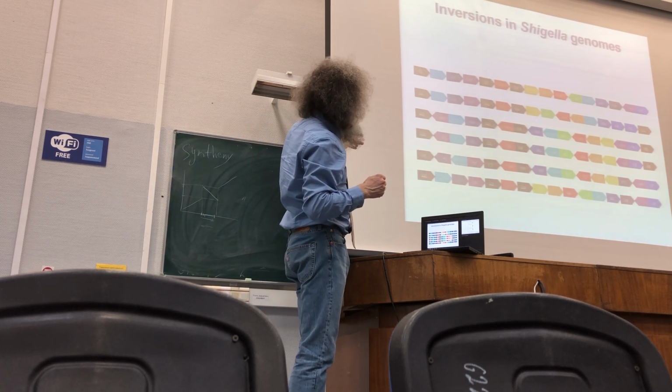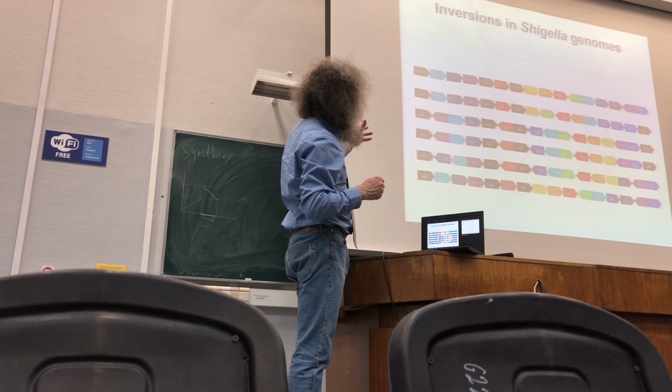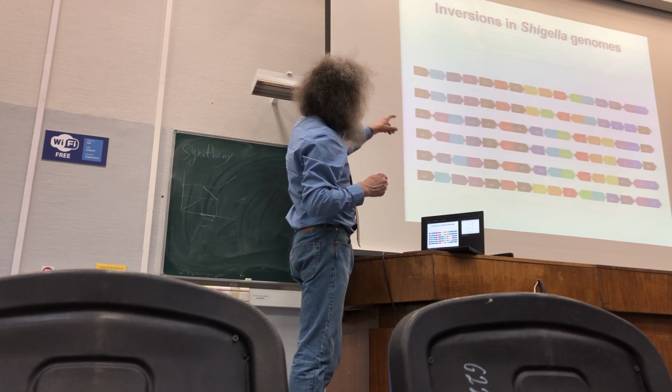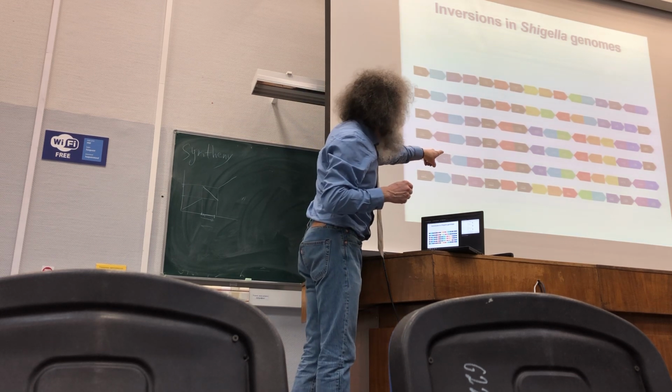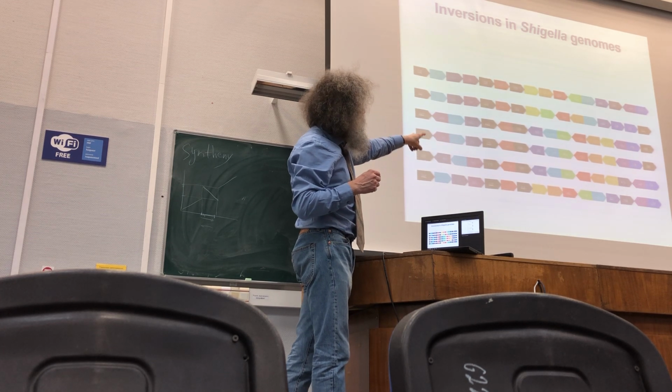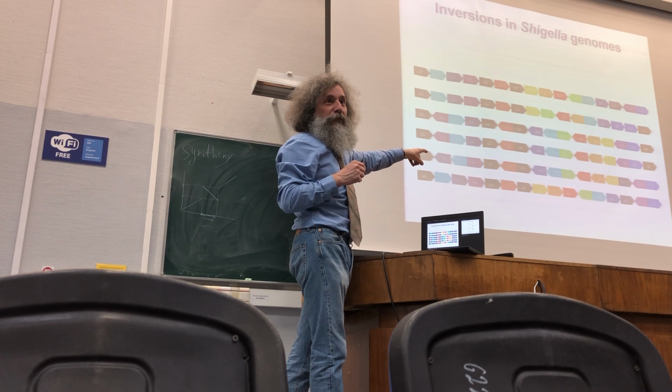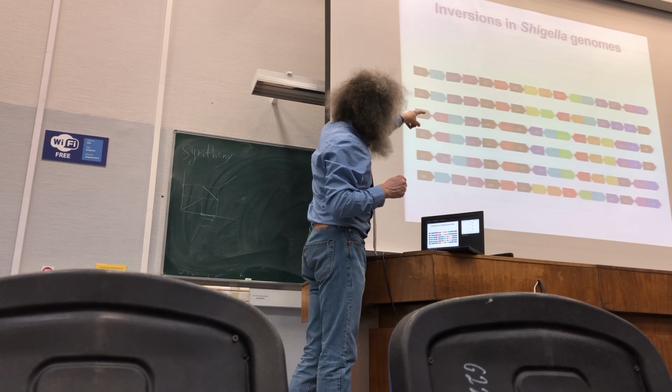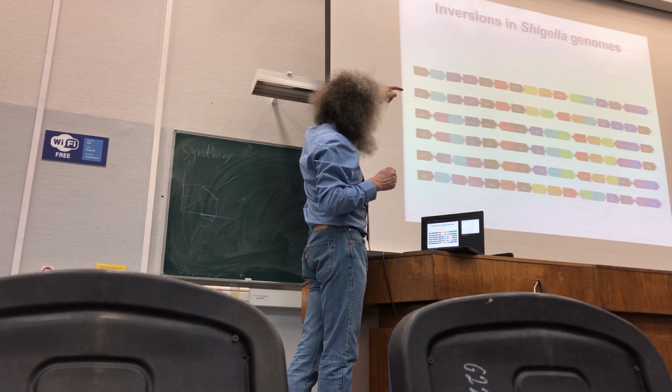So what happened, for instance, to that red gene, which is six from the left? Well, it got inverted in some strains. So in some strains, it is in the direct orientation.